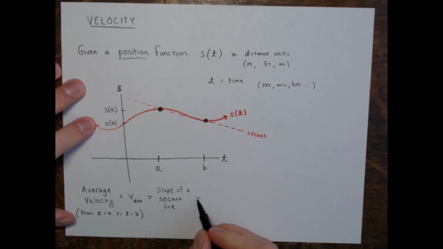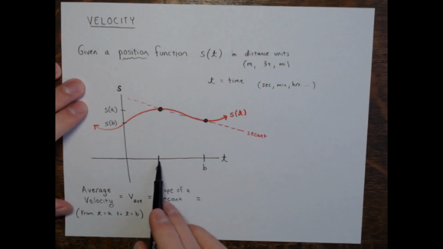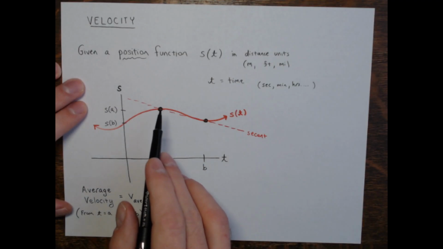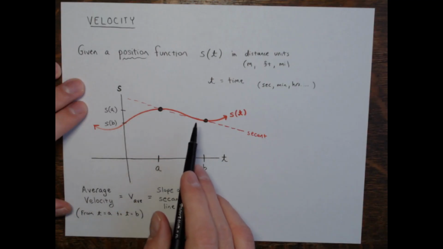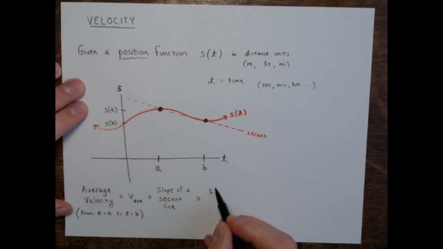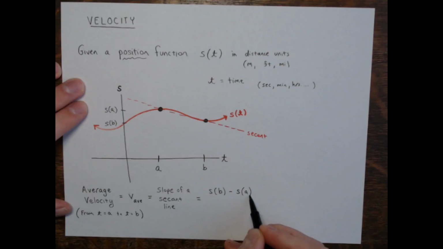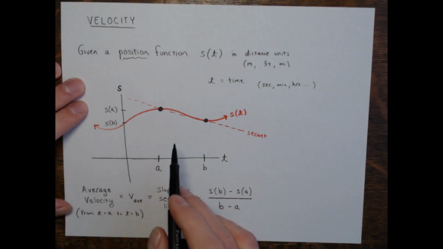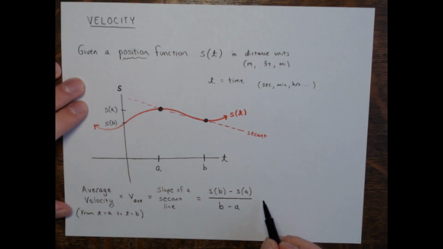So your average velocity from one time to another is, again, how much did the position change? That would be the position at B minus the position at A, divided by the change in time, which is b minus a. So it's like rise over run, change in y over change in x.